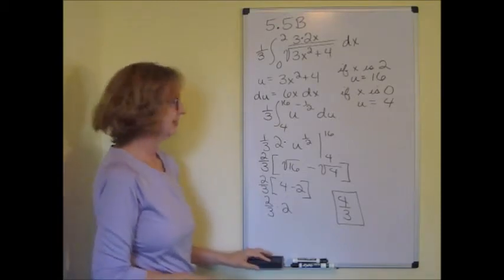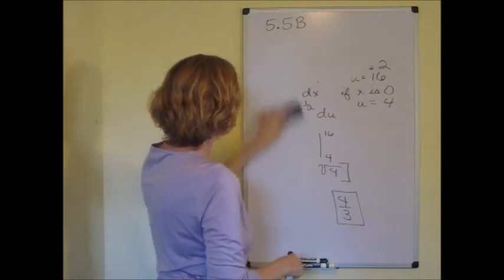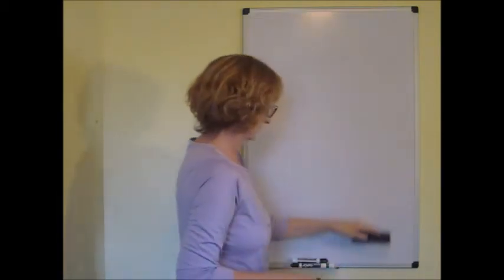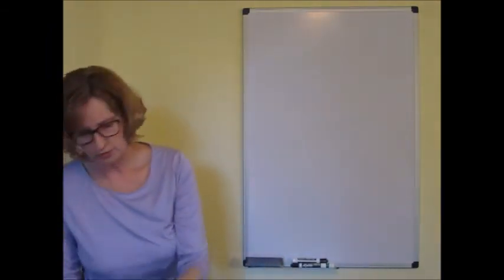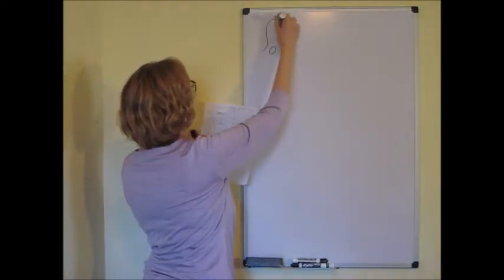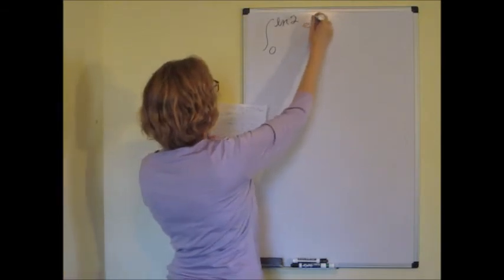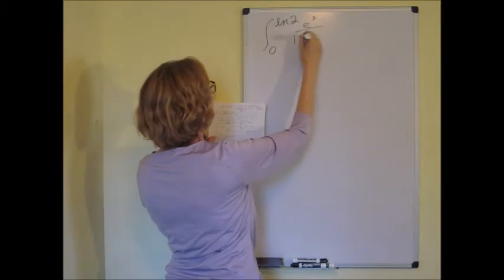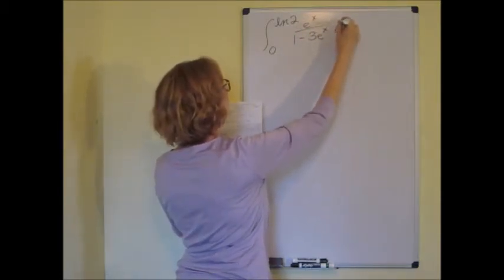Let's try another one. Our next one is going to be an integral from 0 to the natural log of 2 of e to the x power over 1 minus 3e to the x dx.